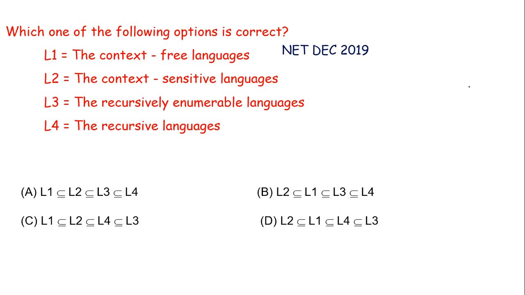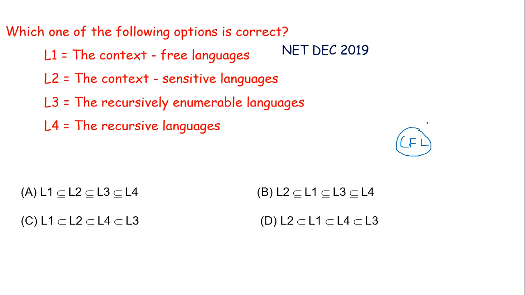So this one is quite easy. We all know that if we make a diagram for all these, in the innermost circle it will be context-free languages. We are representing them as CFL.